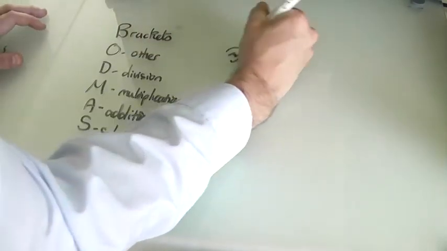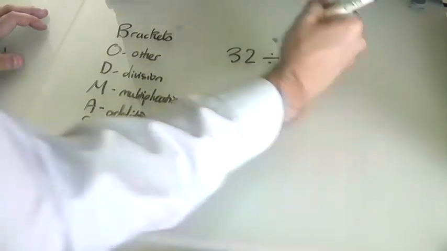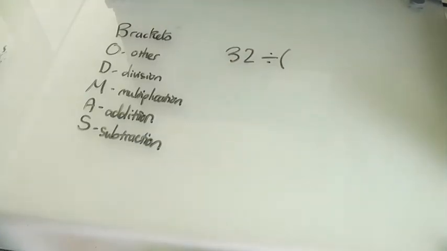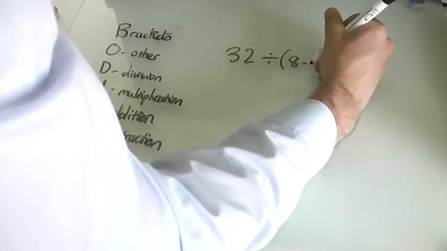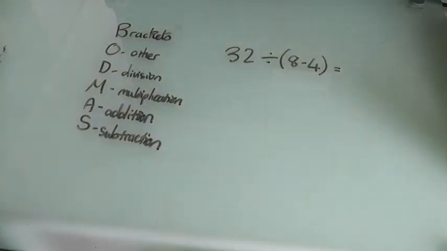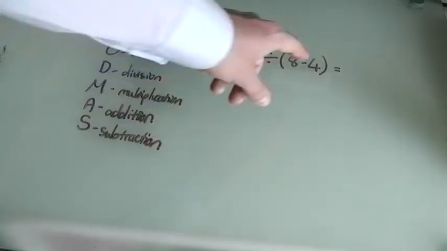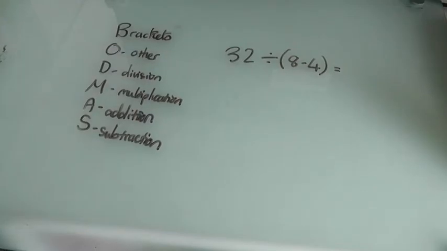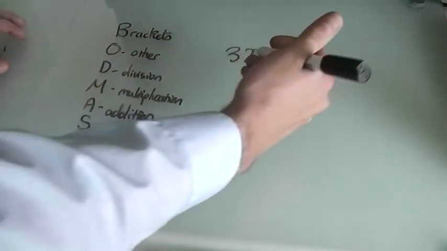So if you had a question that said 32 divided by (8 take away 4), there's your calculation. You might look at that and think, where do I start? So you look down this order. Brackets is your first one. Have we got brackets? Yes, we have. So anything inside the brackets we need to work out first.